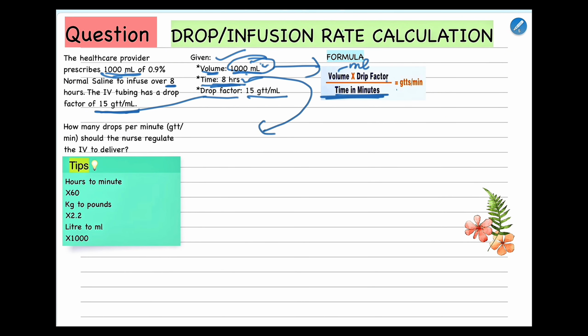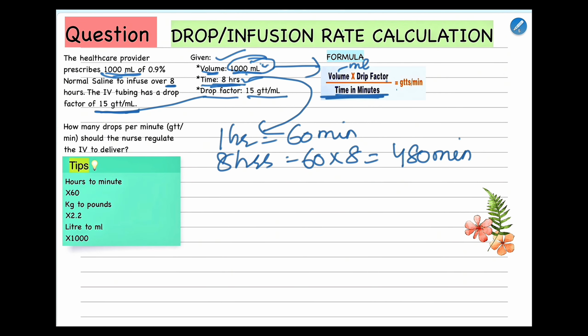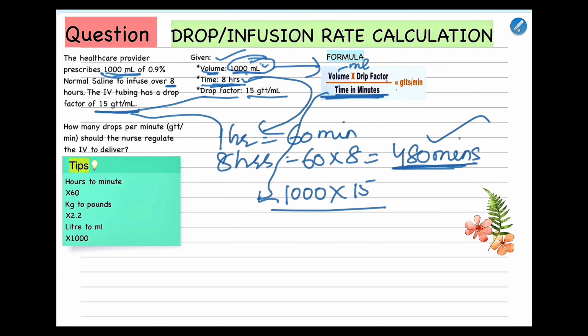How do we change the time from hours into minutes? 1 hour is equal to 60 minutes. 8 hours is equal to 60 into 8, which is 480 minutes. So the time is 480 minutes. Let's go to the formula. The volume is 1000 ml, into drop factor 15, divided by time in minutes, 480.